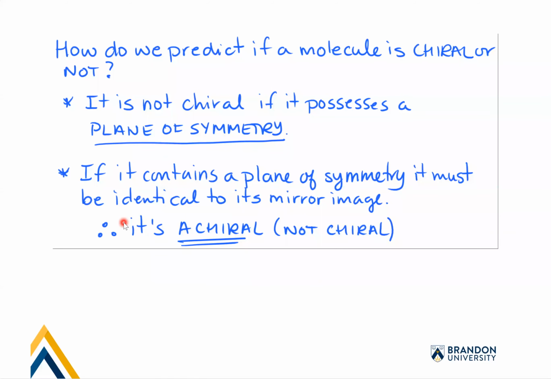So, planes of symmetry. This is where visualizing things in three dimensions can be problematic. So for example, let me draw something here. If we just have a molecule which is a straight zigzag, we would call this butane.